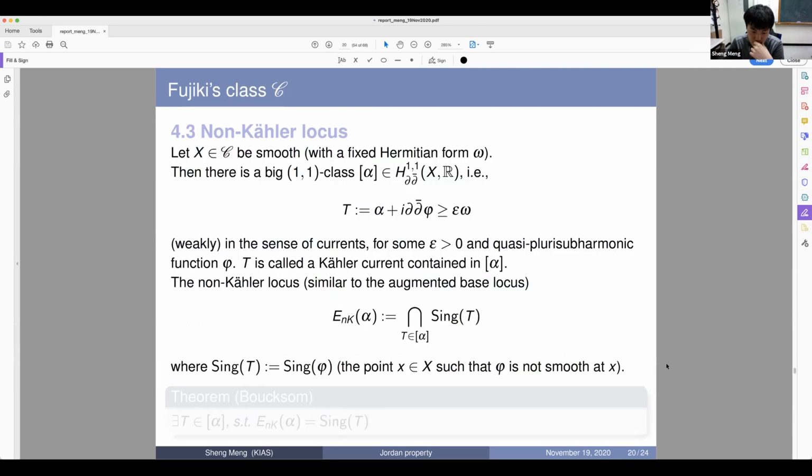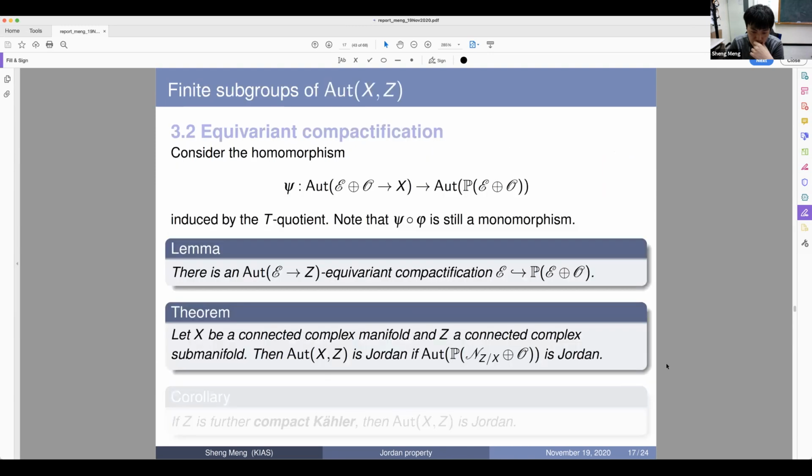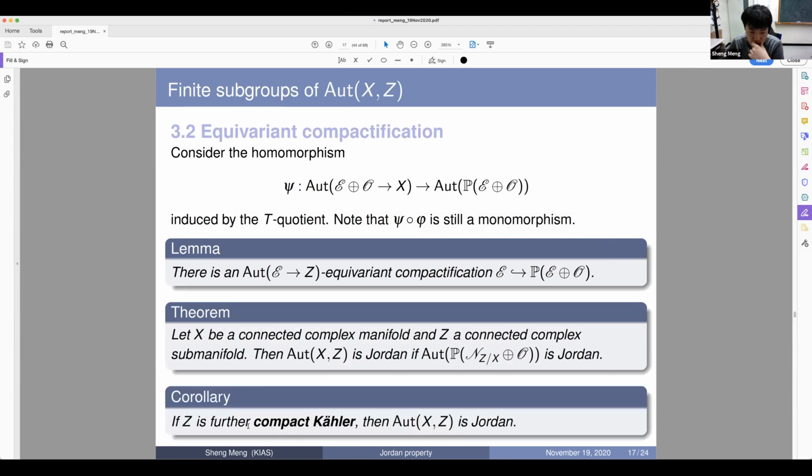No, I guess maybe if you want to simplify the proof for the complex surface and threefold, right? These two cases, maybe you can use this. For example, for the surface or threefold, maybe you can use the MRC or the Albanese. You have the non-trivial fibration.